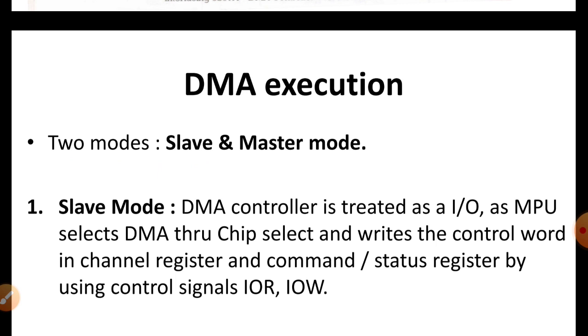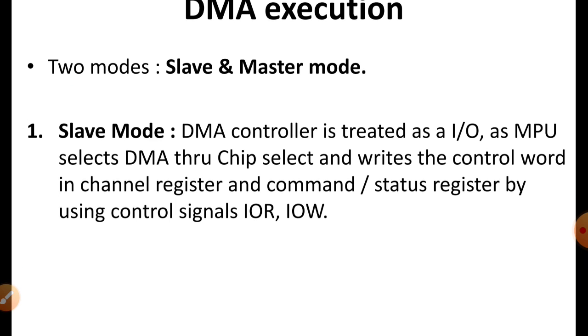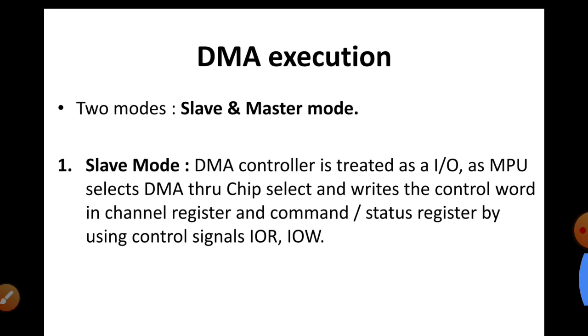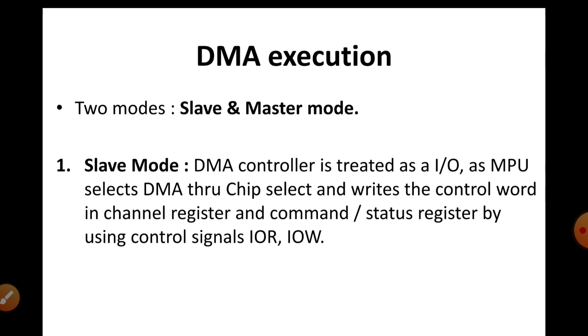Whenever it is working in slave mode, when the DMA controller starts its operation, it is working as a simple input output device, and the microprocessor selects this DMA through the chip select signal and writes something on the control word in the channel register or the command status register. At that time it uses simple control signals, that is IOR, IOW.